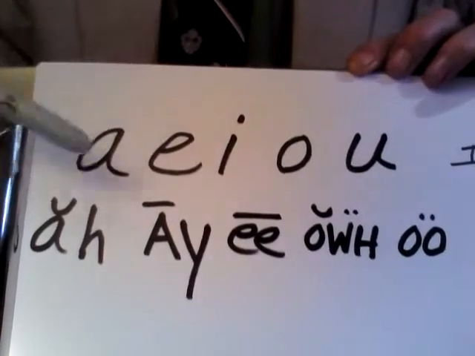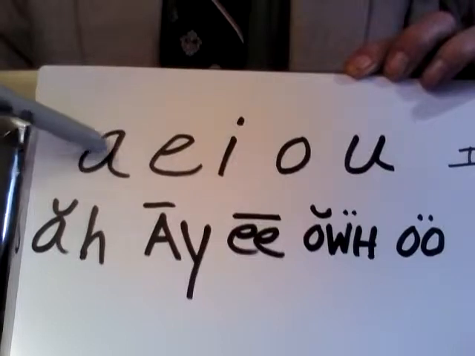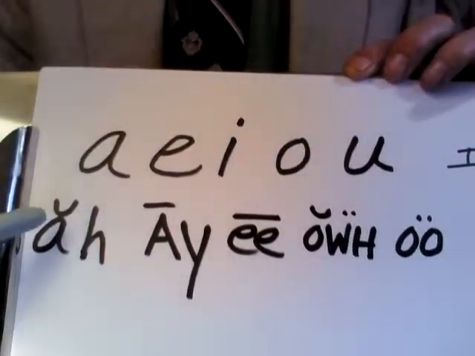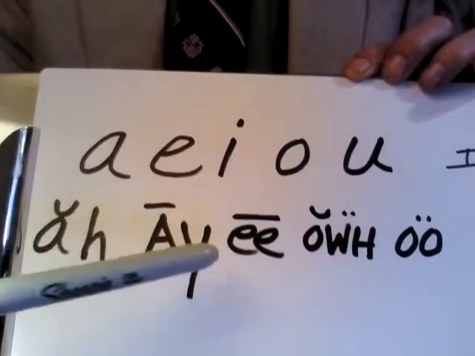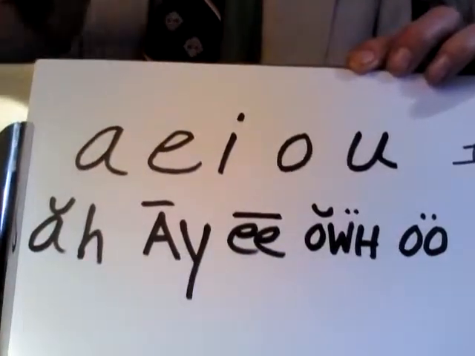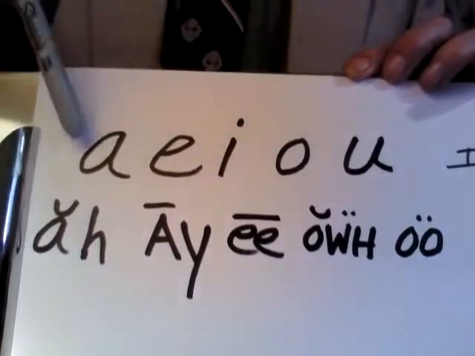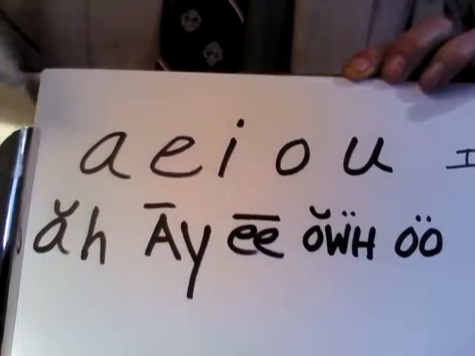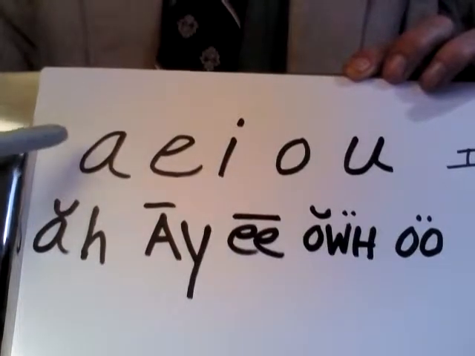So you have in English A-E-I-O-U, and in Spanish A-E-I-O-U. If you get these five things down in both languages well, then you can pronounce even more.